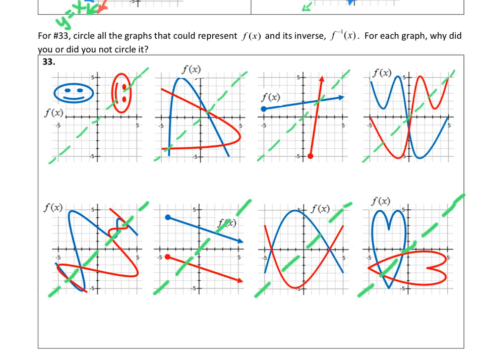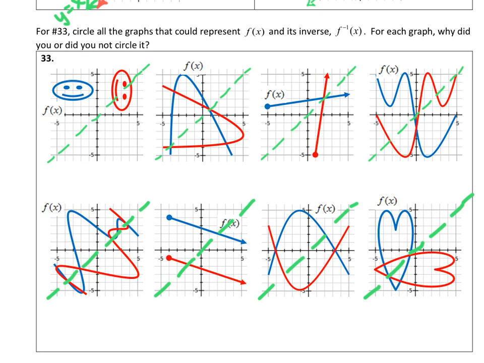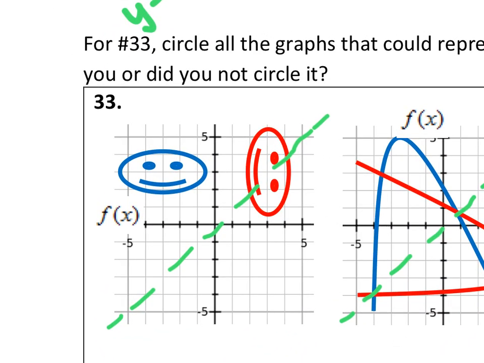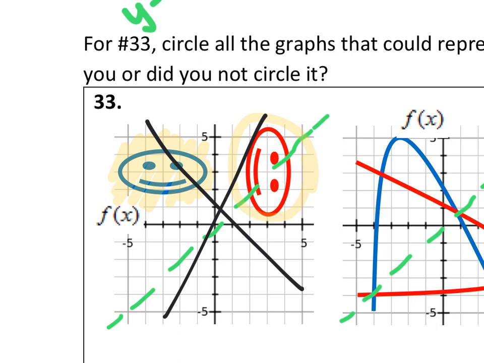Okay. Now, when you look at one of these graphs, ask yourself if the blue picture, or pick the red picture, were reflected over the green line, would it give you the red picture? And I hope in the first one that it's obvious that it would not be a reflection.